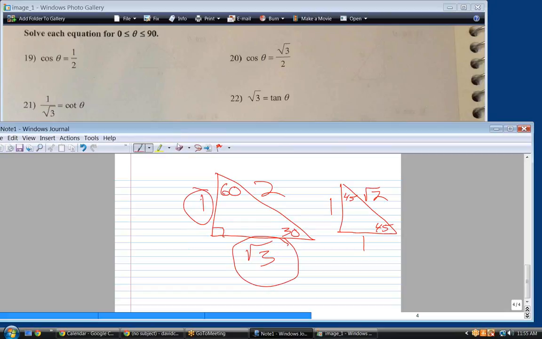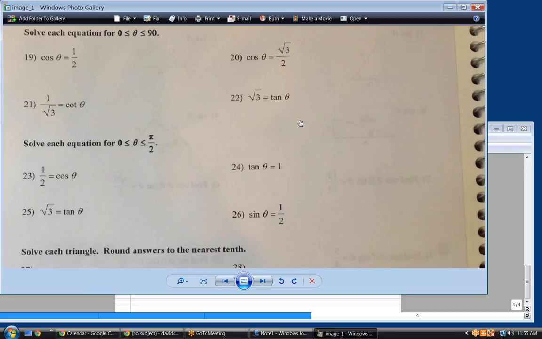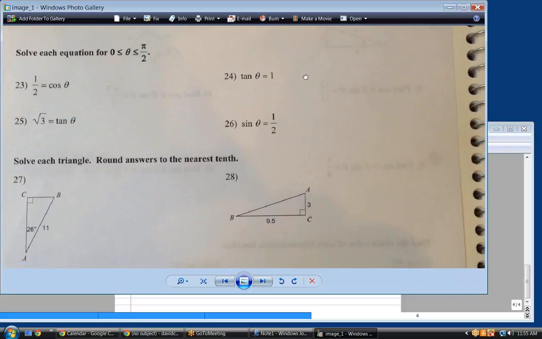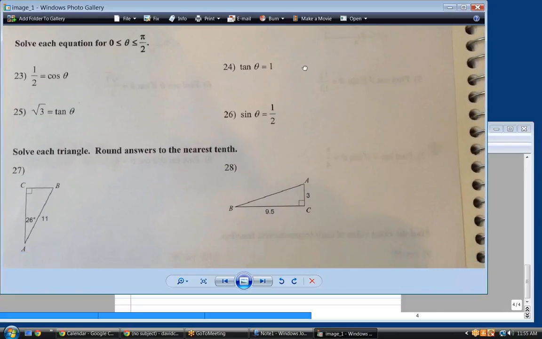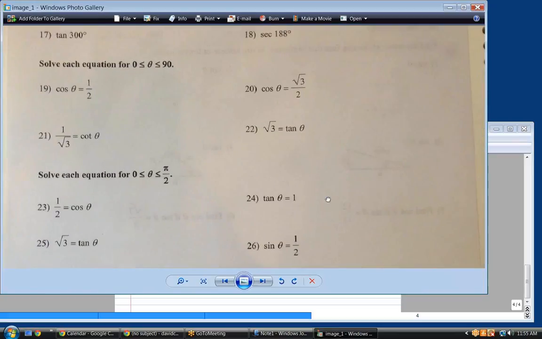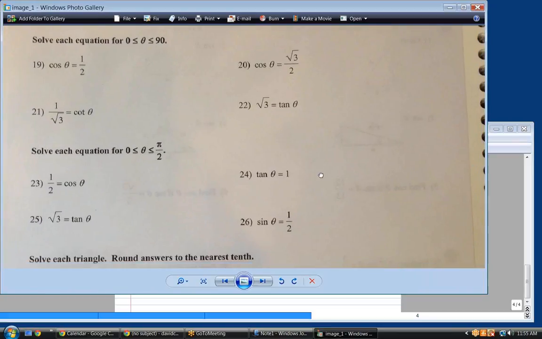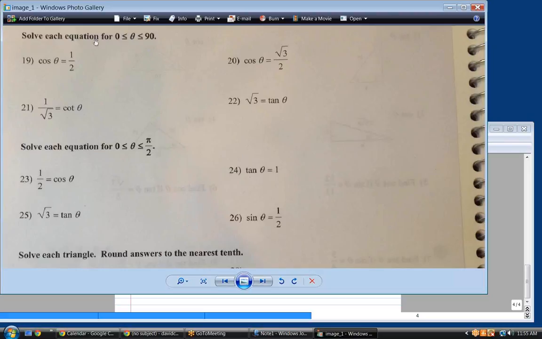All right. They didn't even change the problems. Notice this says theta is between 0 and 90 degrees, meaning first quadrant. Notice this says theta is between 0 and pi over 2, first quadrant. Pi over 2 is 90 degrees.